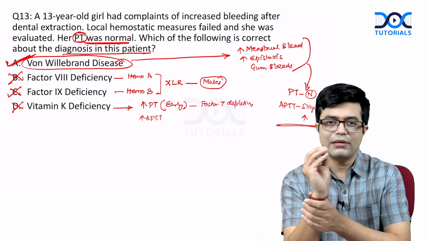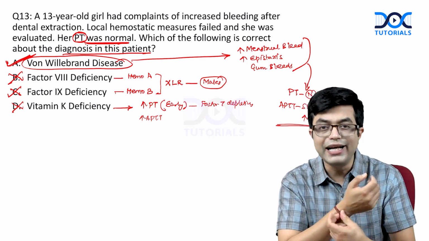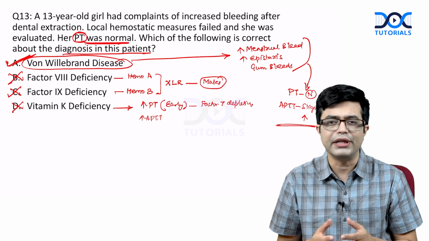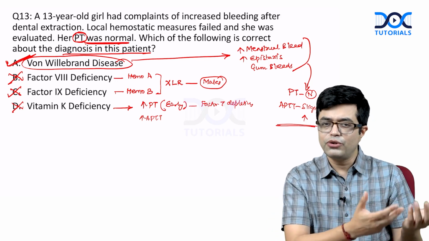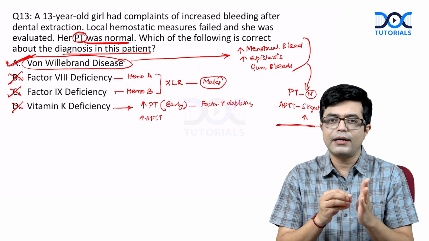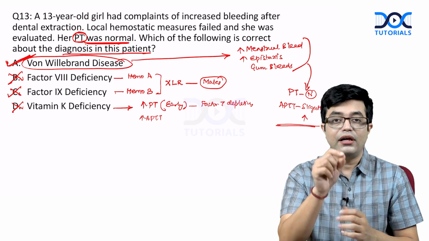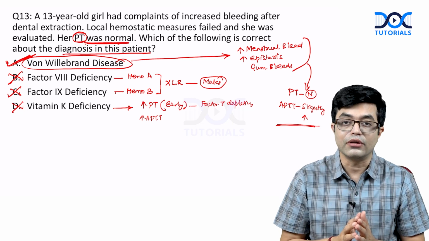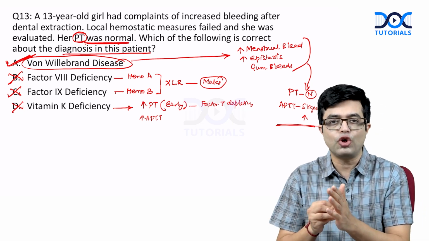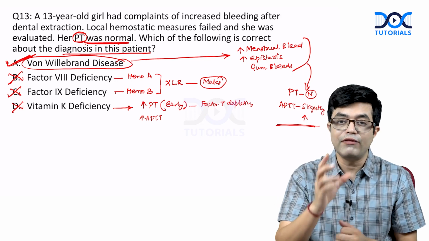Remember, if there is a person, child or adult, who is bleeding with trivial trauma, minimal trauma, or spontaneous bleeding is happening, rule out micronutrient deficiencies, rule out local factors. In case it is a petechiae purpura ecchymosis, likely to be platelet disorder. In case there is a deep bleeding, muscle hematoma, joint bleeding, likely to be hemophilia.